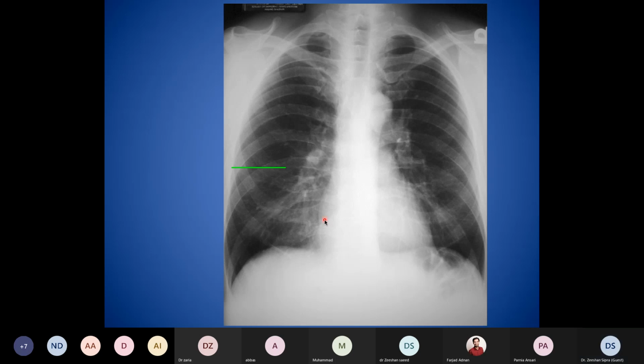The base on the right side is formed by the inferior vena cava, which opens into the right atrium. So the right ventricle lies behind this heart shadow. If we see a bulge over here, that may be a sign of right atrial enlargement, for example.